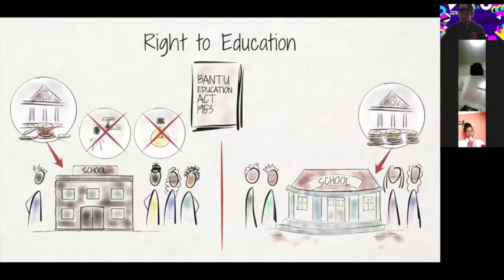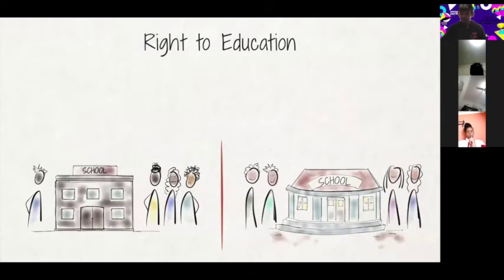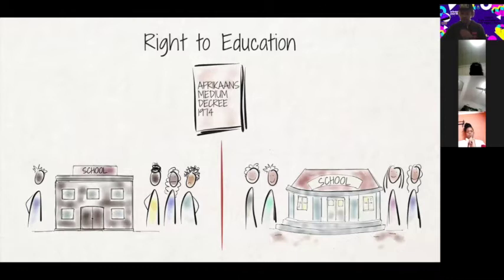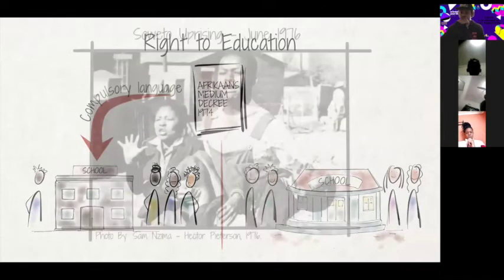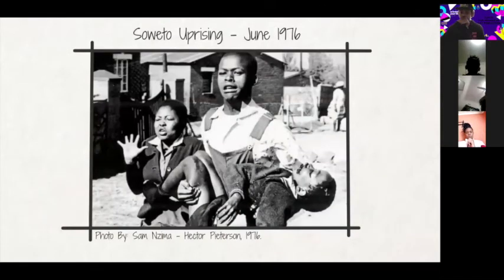As a result, the Afrikaans Medium Decree Act of 1974 enforced Afrikaans as an additional compulsory language of instruction in Black schools. This was one of the factors that led to the Soweto uprising in 1976, where hundreds of children were killed by the apartheid police.